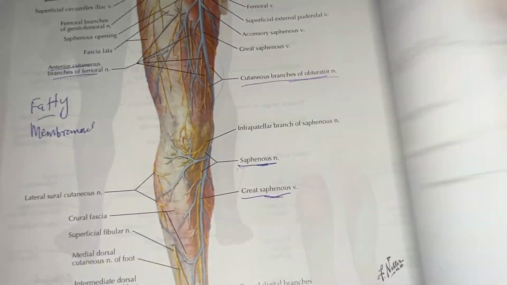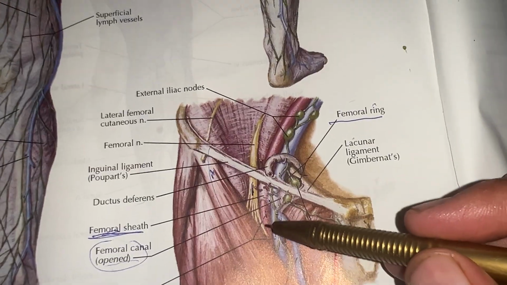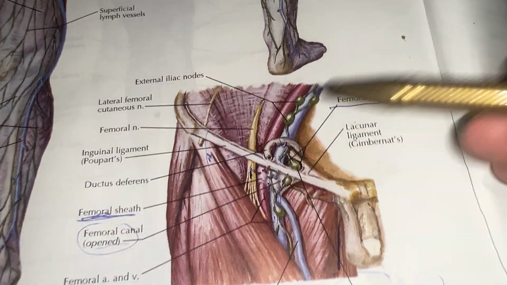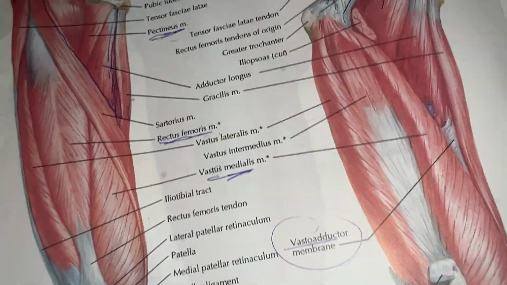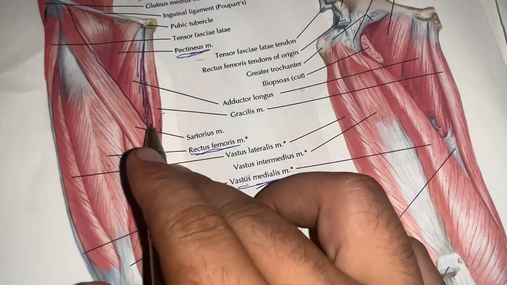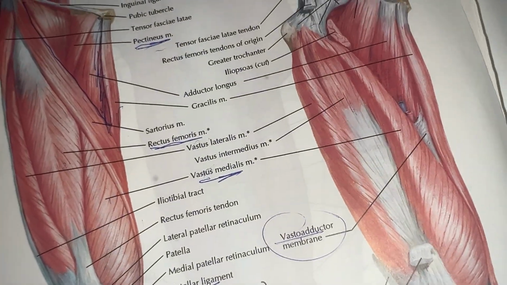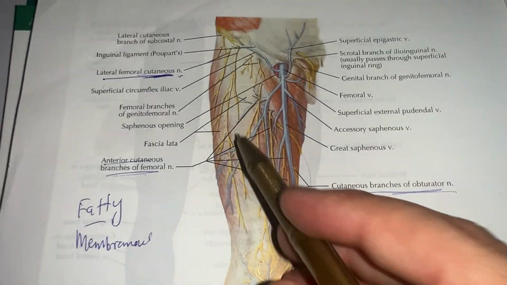Okay, this is the femoral artery, and lateral to it is the femoral nerve, and it has cutaneous branches, and muscular branches to the quadriceps muscle, sartorius muscle, pectineus, and the iliacus muscle.